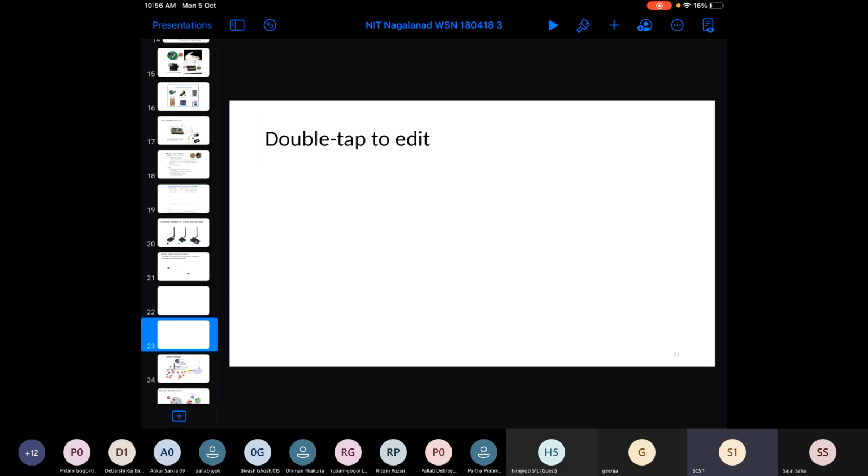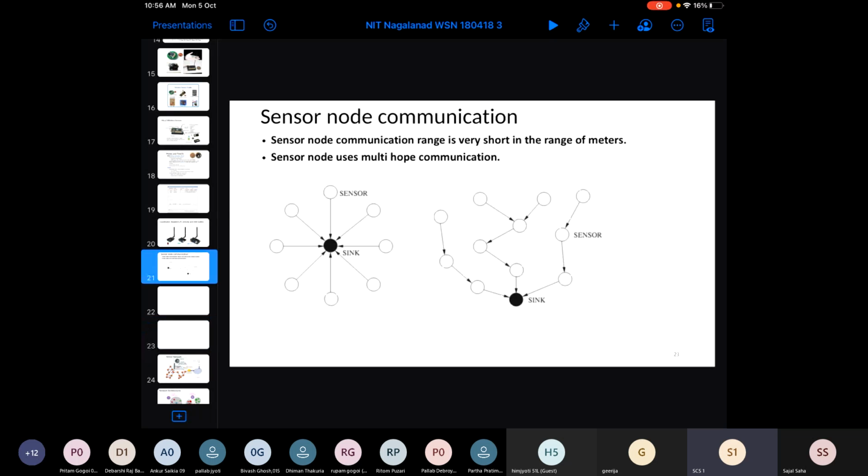Okay, so last day we were discussing sensor node communication. There are two kinds of sensor node communication.